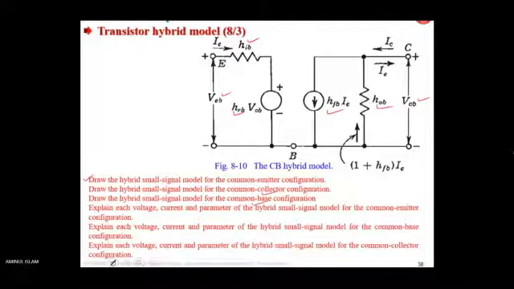So these things you have to explain. If such a question occurs, you have to draw and explain all those things. So try to understand, and remember the H parameters.